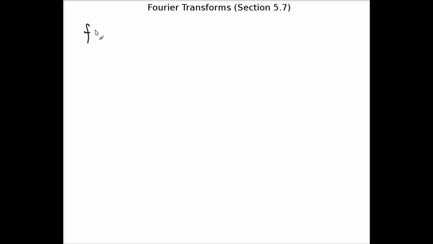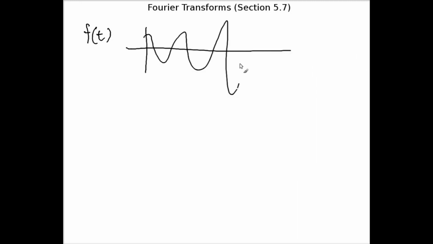So the idea is we're studying a function f of t, which I'm thinking of as being some sort of signal, for example, an audio signal. And I want to store f of t in a computer.